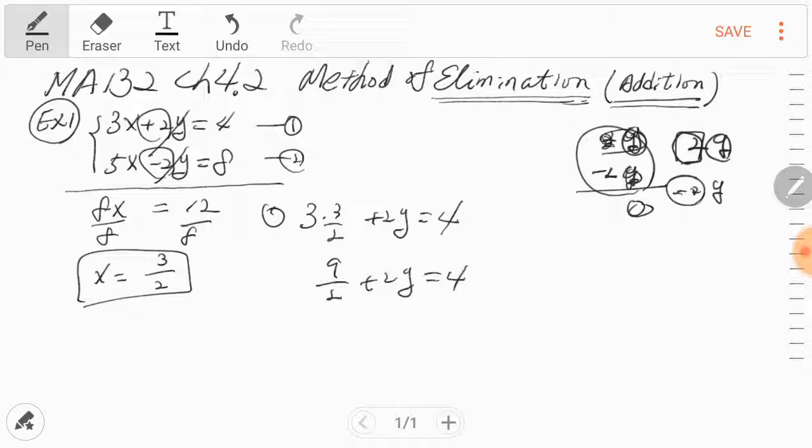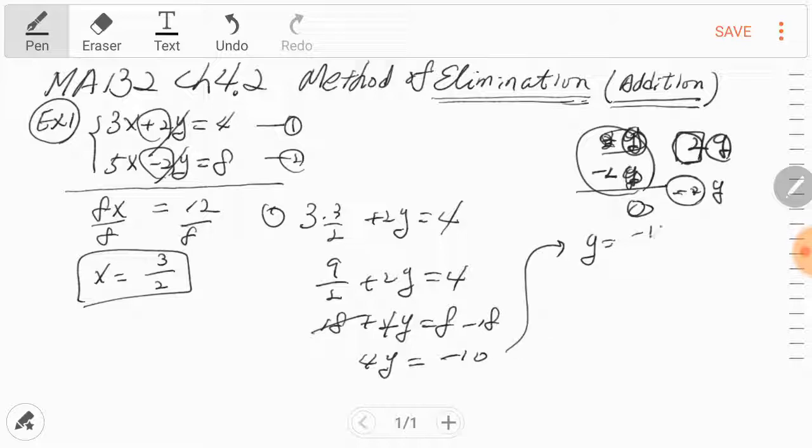Okay, multiply each side by 2. Then 18 plus 4y equals 8. Then 4y equals negative 10, so y equals negative 10 over 4. I calculated incorrectly somewhere.